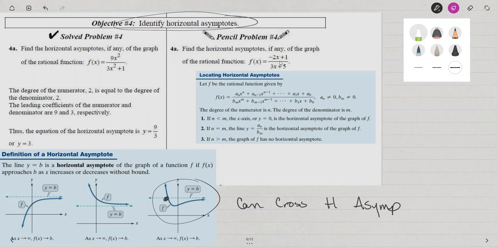If the degree is equal, we get the fraction that comes from dividing the two, so the coefficient of x divided by the coefficient of x. And if the degree of the numerator is bigger than the degree of the denominator, then we don't have a horizontal asymptote. What we would have instead is a slant asymptote.